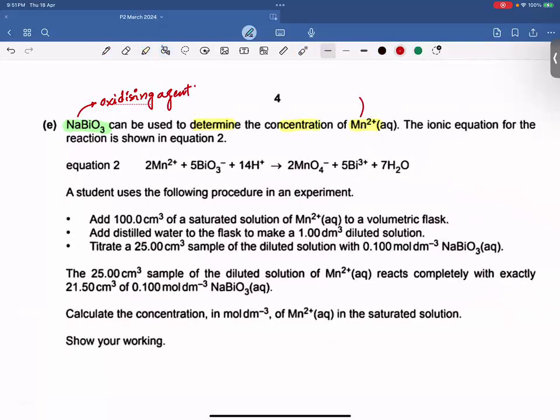By the way, lower oxidation state metal ions are always reducing agents, so this one is basically the reducing agent this time. The ionic equation for this reaction is shown in equation 2. According to the ionic equation, this reducing agent has 2 moles, whereas this oxidizing agent has 5 moles, which means a 2:5 ratio exists between these two species, right? A student uses the following procedure in an experiment.